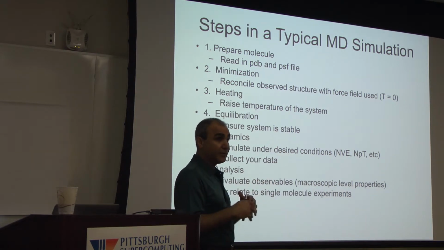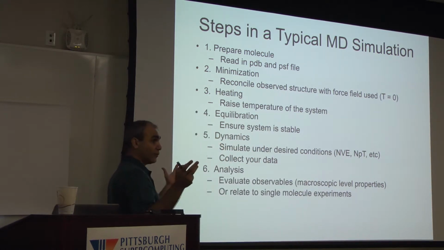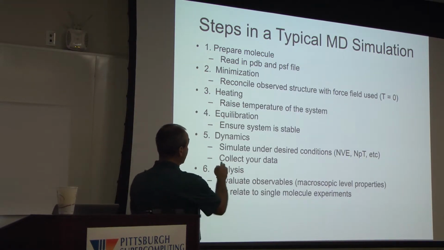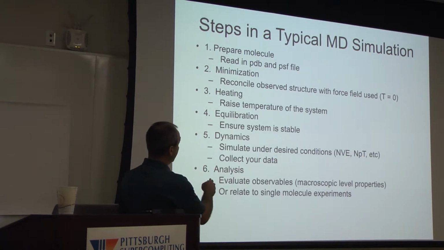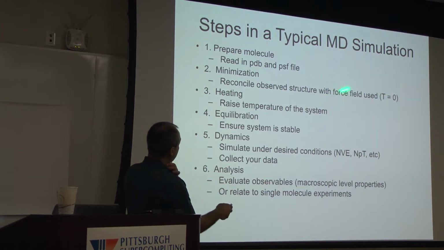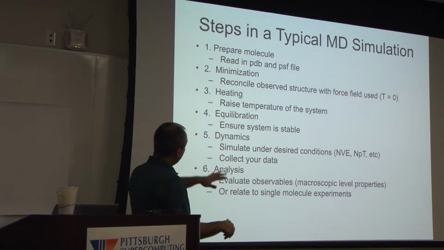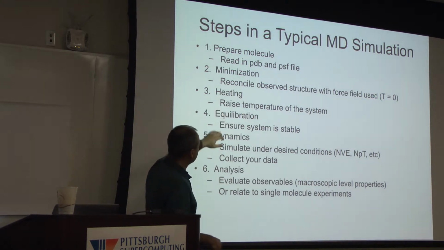Your landscape is different from the natural force field or energy landscape that the protein feels, at least in the crystal structure. So you have to minimize, cool it down, so that there are no large forces anywhere. That reconciles it with the force field that you want to use. Then you start giving it temperature. We'll see a little bit more why we do this step.